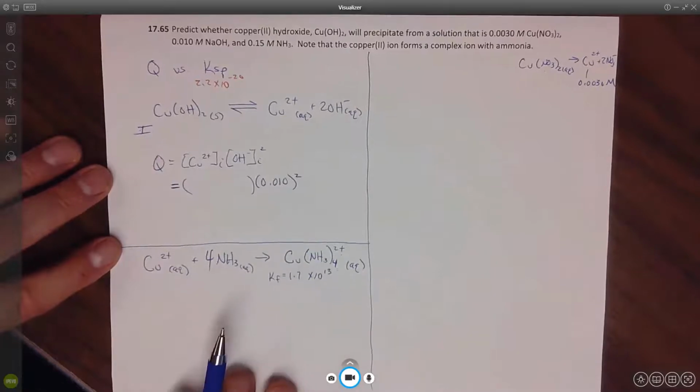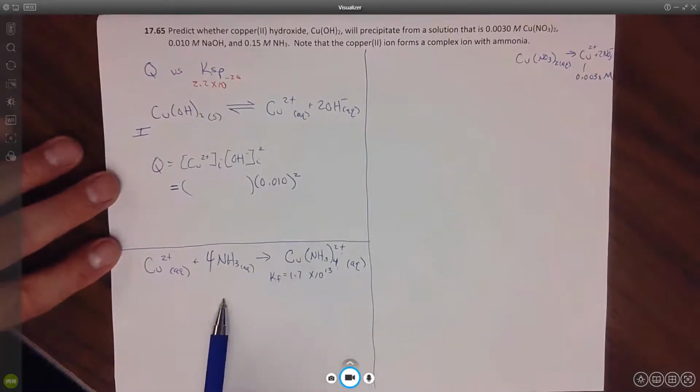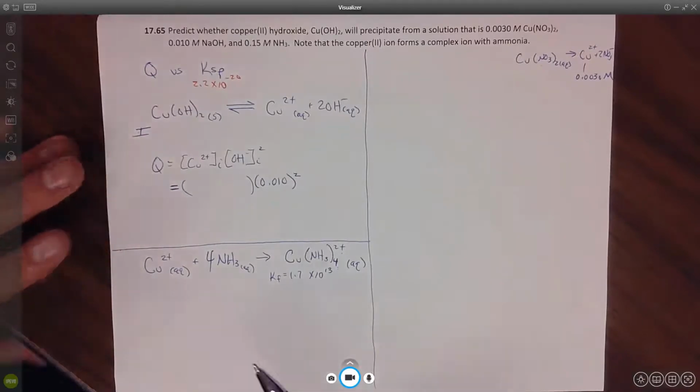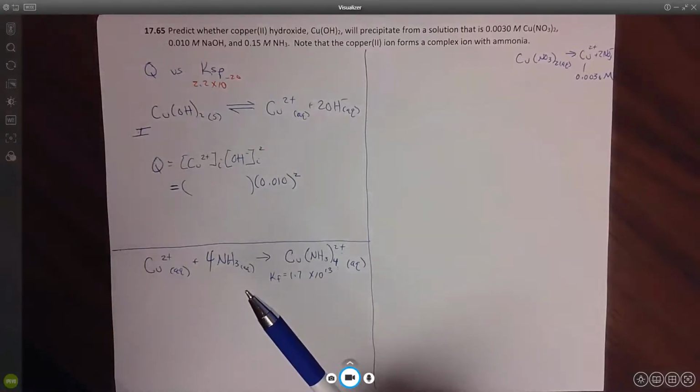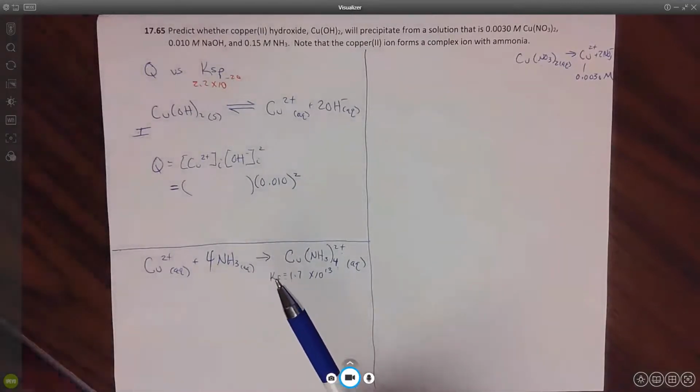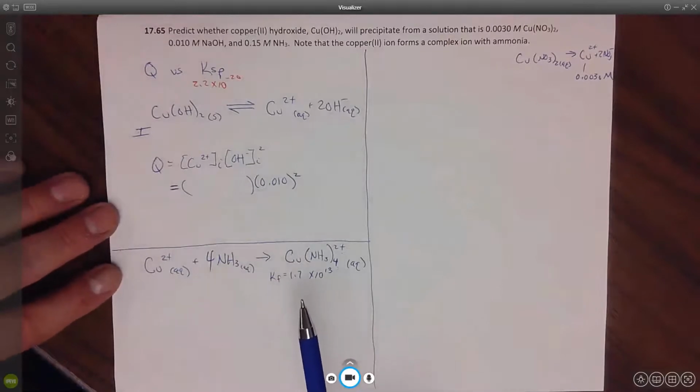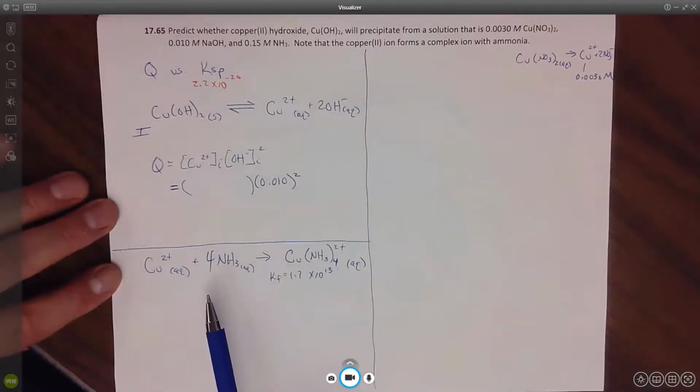What can we do so that we don't have to solve a fifth order polynomial and, in fact, make the math really easy? Could you use the molarity 0.15 and then times that by 4?